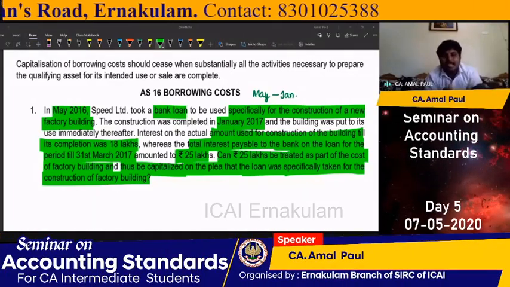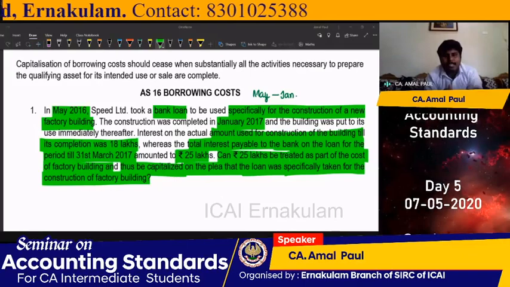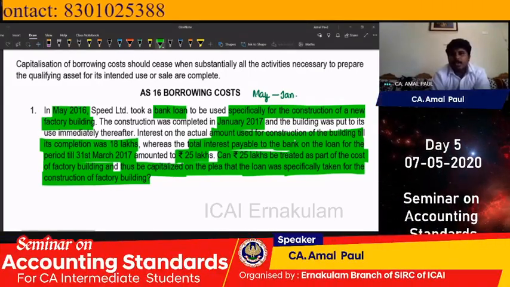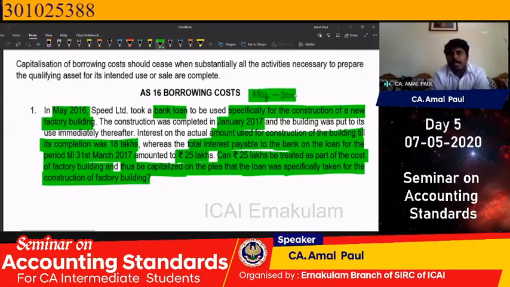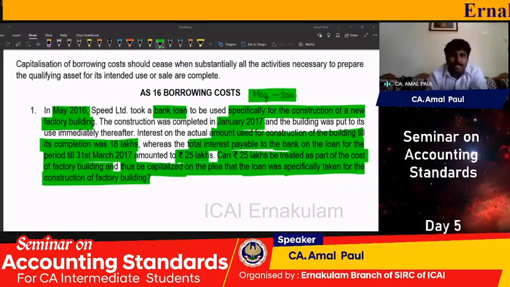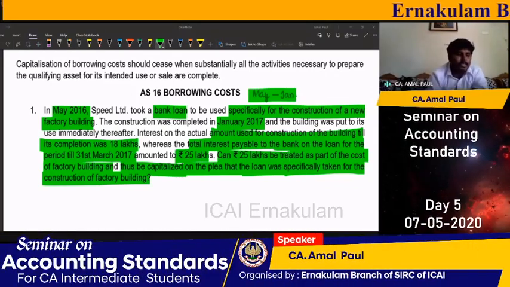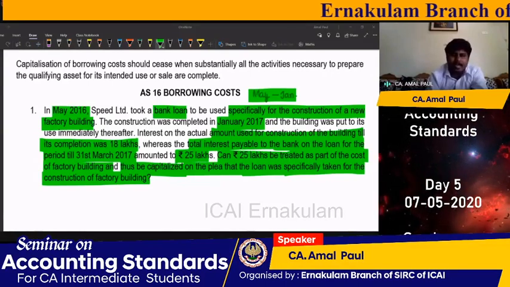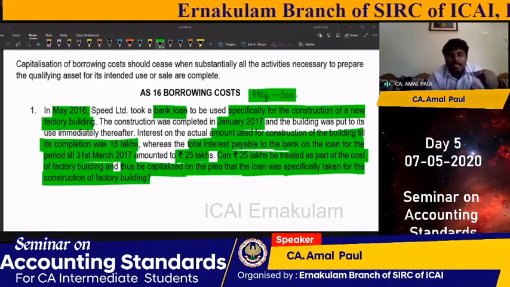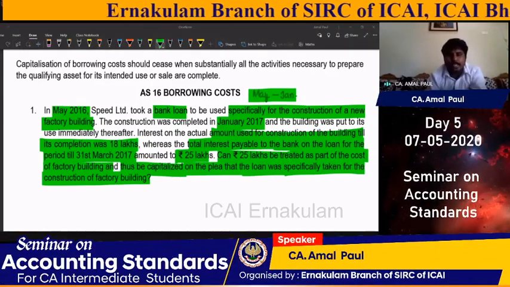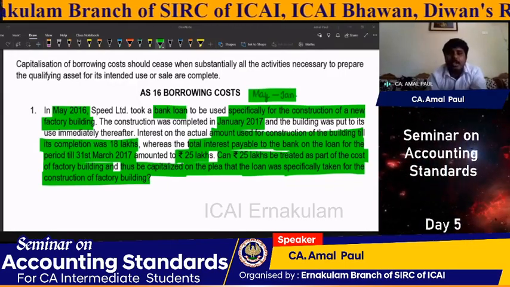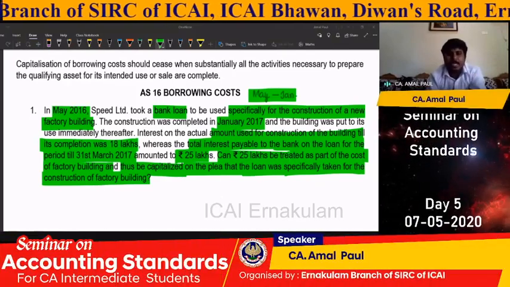So, in this scenario, what will we say next? We'll say, assuming in this case your construction had taken around 8 months, we will assume that this is substantial for this entity and we can treat it as a qualifying asset. Even though it is a qualifying asset, your capitalization should cease when substantially all necessary activities are completed.